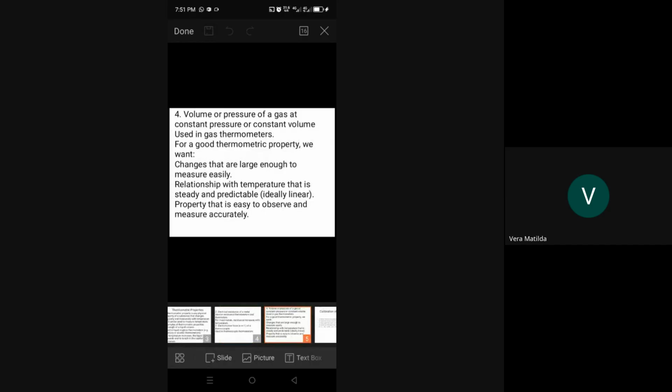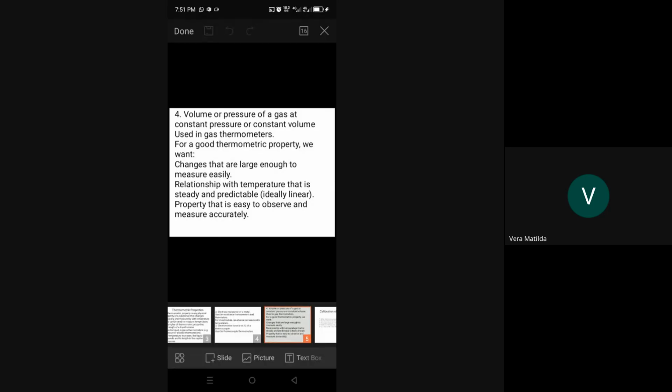This one is used in gas thermometers. I've mentioned four different kinds of thermometers now. You have liquid in glass thermometers, resistance thermometers, thermocouple thermometers, and gas thermometers, which use the thermometric property of volume or pressure of a gas.